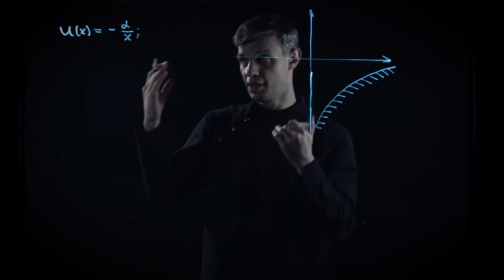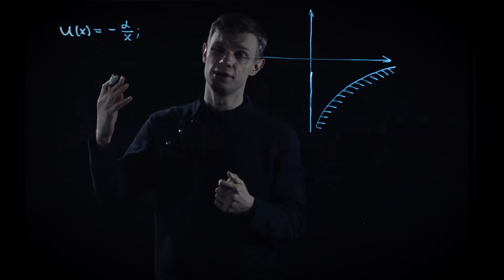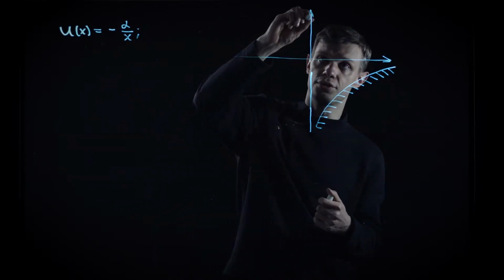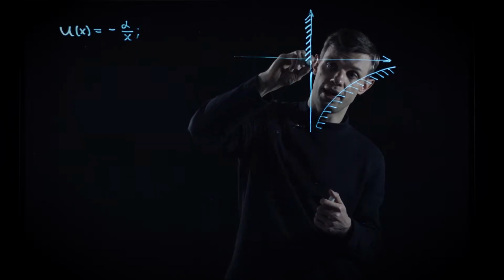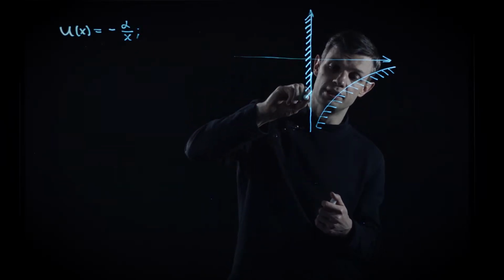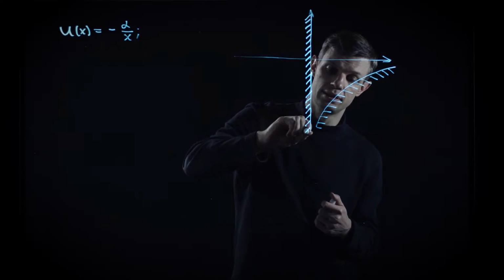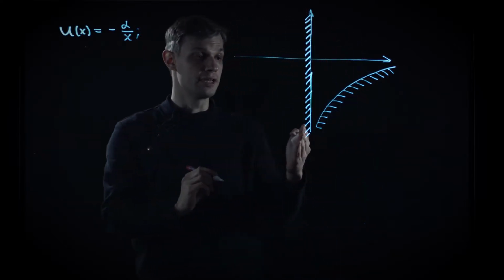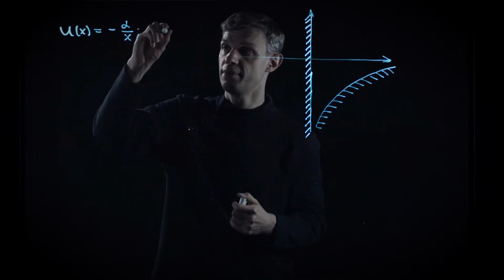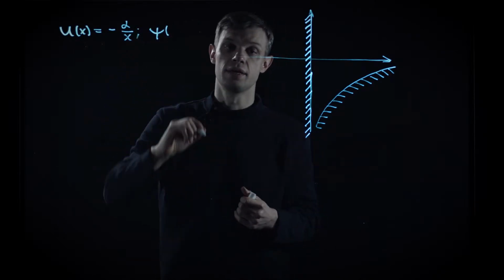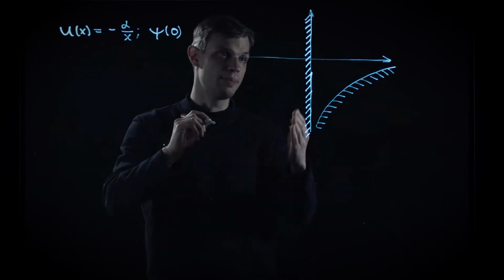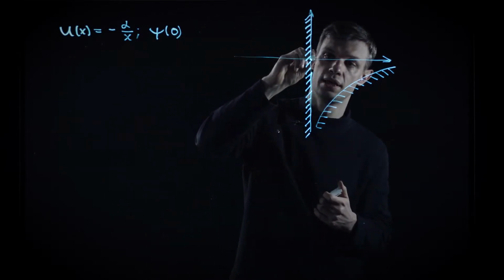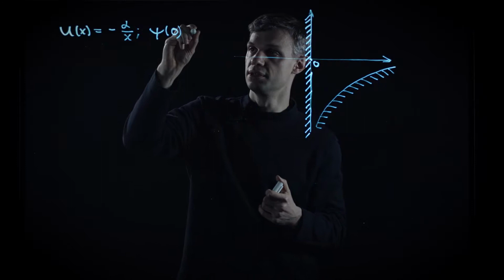It can be well defined only if we impose an additional boundary condition, namely that the region of negative x is impenetrable for the particle. So here we add an infinite wall. In quantum mechanics, that means that the wave function, due to its continuity condition, should vanish at this boundary, at the point x equals 0.